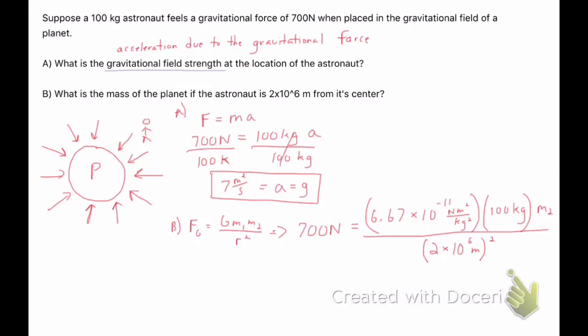So when we do our basic algebra, we see it's 700, I won't write the units, just try to remember the units, times 2 times 10 to the 6th equals the gravitational constant, which is 6.67 times 10 to the negative 11 times 100 m2.